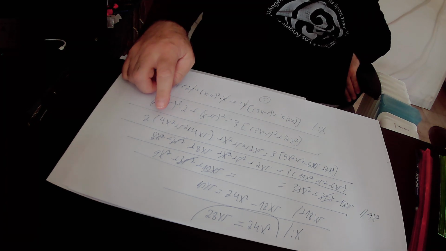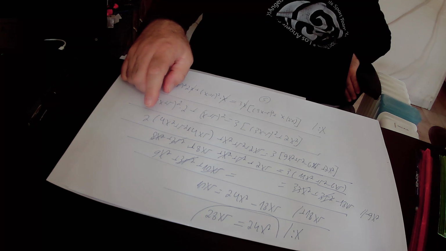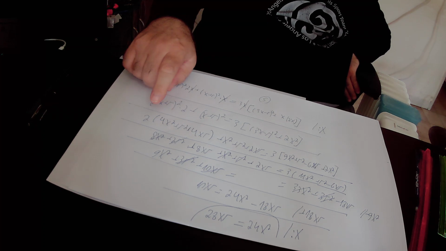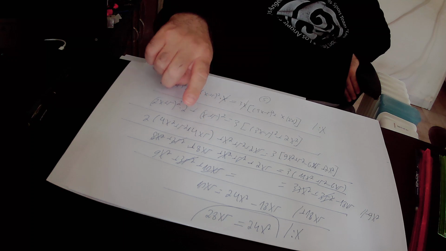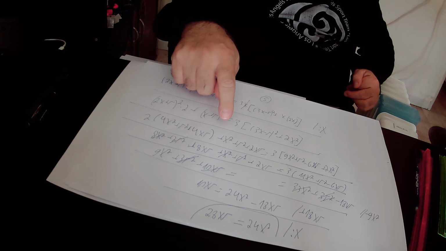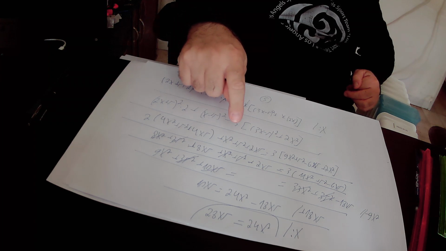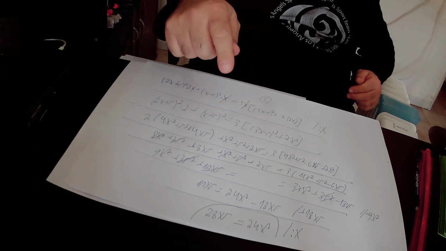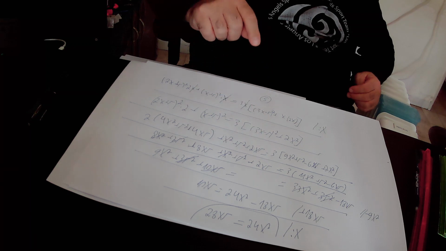2 times 4x squared is 8x squared, 2 times r squared is 2r squared, and 2 times 4xr is 8xr. And we have also x squared plus r squared plus 2xr.